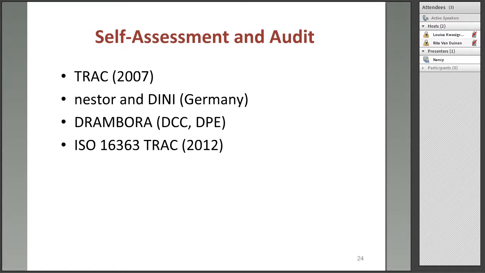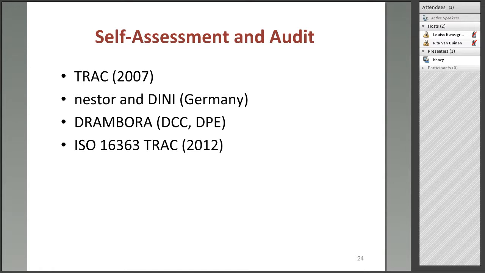Drambora is a group, is a tool, it's a group that came together to develop a tool that basically looks at risk management for digital content. It takes a risk management perspective of assessing what your content is. The reason they're listed together is that Robin Dale, who convened the group right around January of 2007, brought these three groups together to come up with a common set of principles that we'll look at in a little bit.